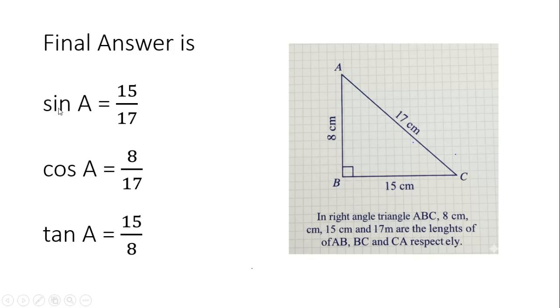Sin A is opposite side by hypotenuse, cos A is adjacent side by hypotenuse, and tan A is opposite side by adjacent side. We need to take all these sides with respect to the angle for which we are finding those trigonometric ratios. We are talking about A here, that's why we have taken them like that.